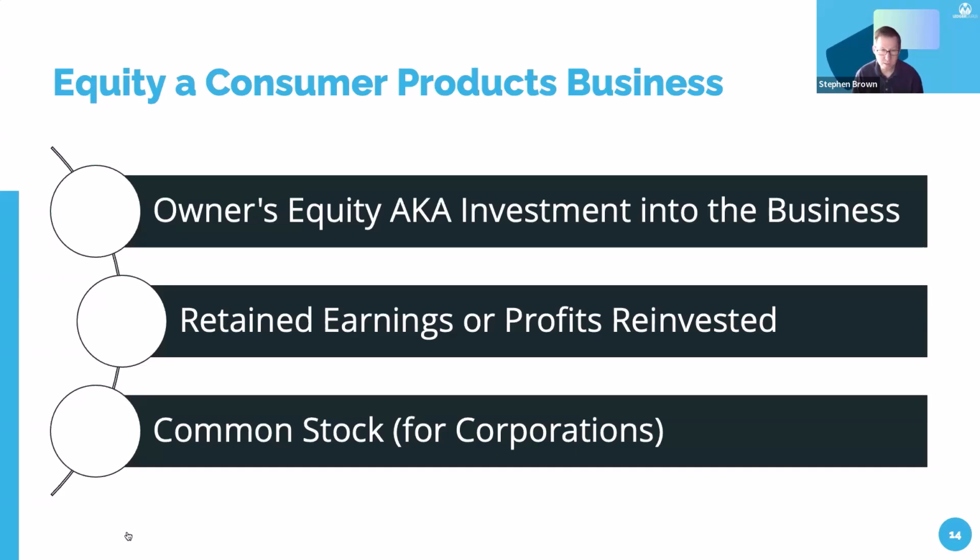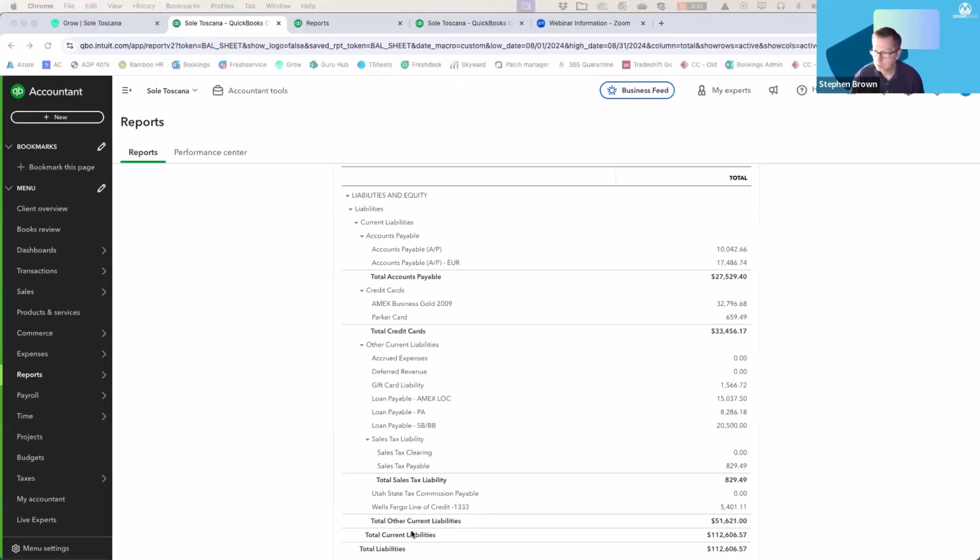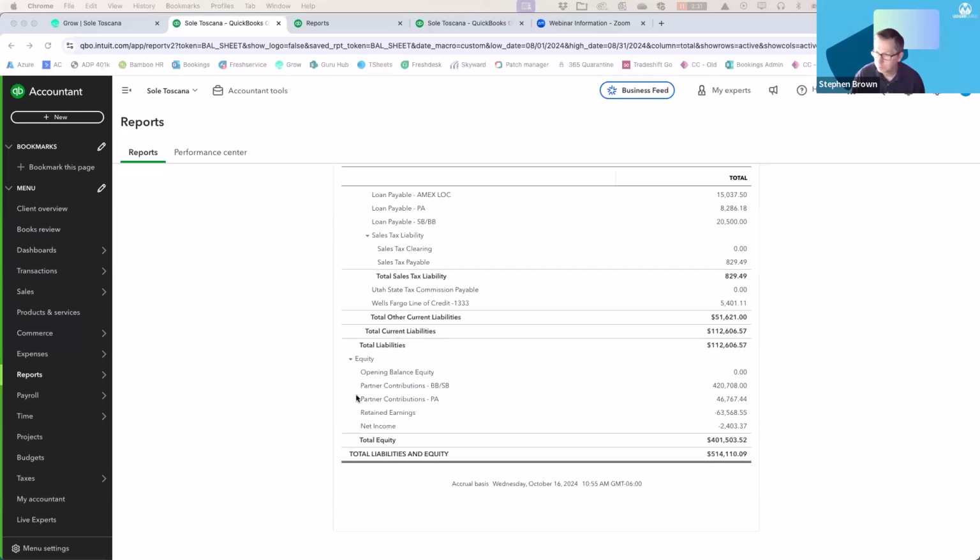This business is really simple. We bought it in cash, woot woot. And so we just have some, we call them partner contributions. We have some retained earnings. You can see that that's negative, means we have not created profits in the life of this business, although we have been profitable recently, but we had to, thus the loans.